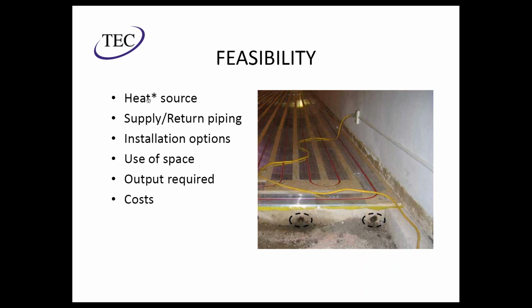So whether it's a boiler or a geothermal loop or it's coming from somewhere else, if someone wants to install radiant heat, they're either going to have one of those existing or you're going to have to add one of those to the system. Depending on where the zone is located or the project is located, supply and return piping accommodations. We're going to discuss different installation options, but you have to make sure that there's some way to install the radiant in the zone that they're looking for, use of the space, and the output required, and then the cost of the system.